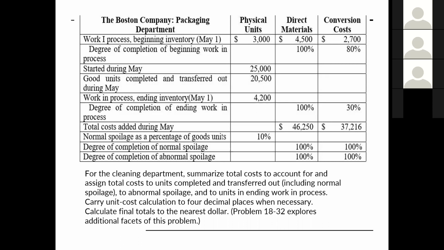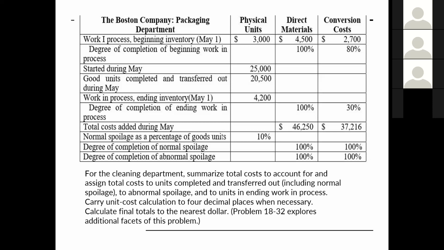Total cost added during May: direct material is $46,250 and conversion cost is $37,216. Degree of completion of normal spoilage: direct material is 100% and conversion cost is 100%. Degree of completion of abnormal spoilage is the same as normal spoilage.